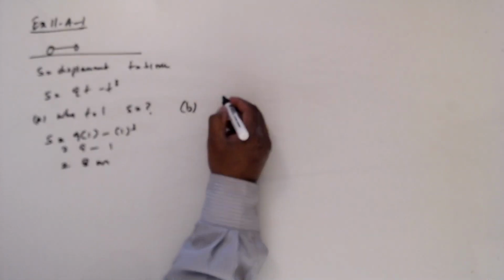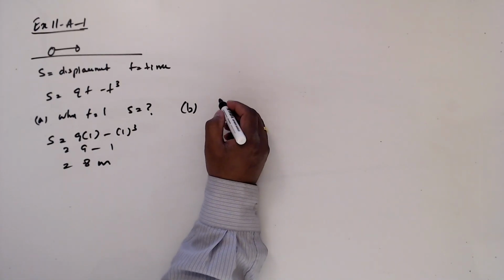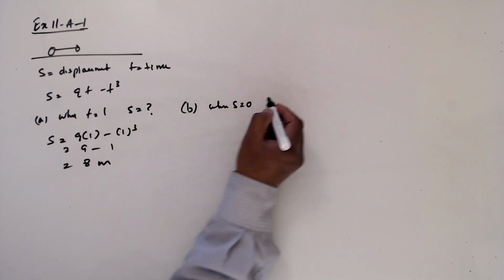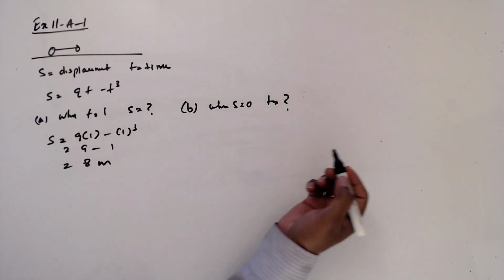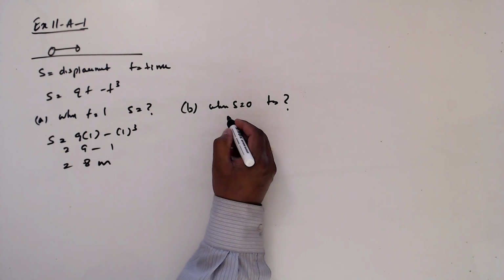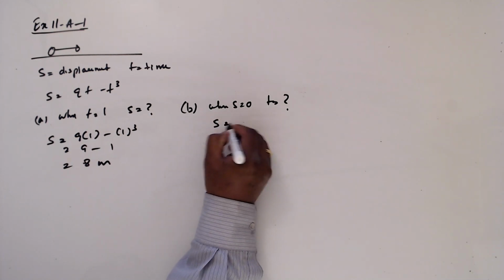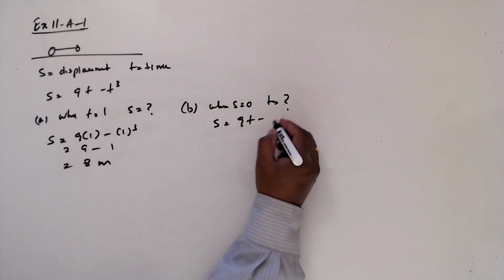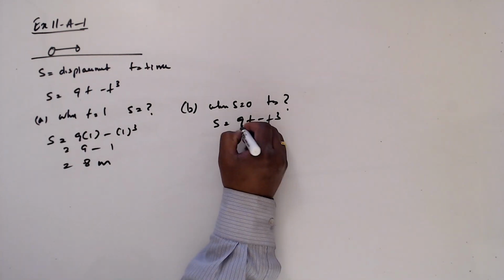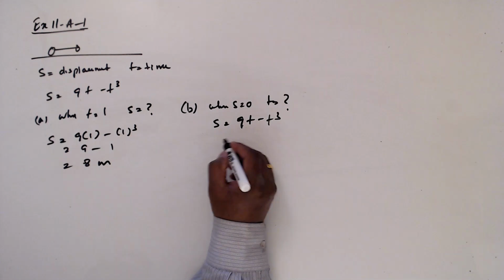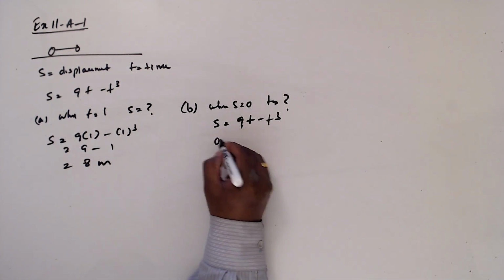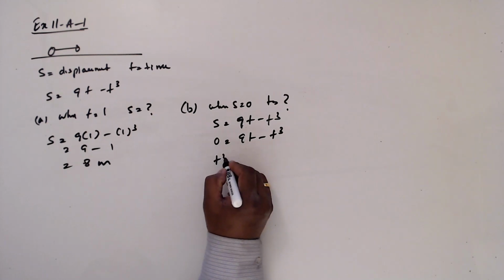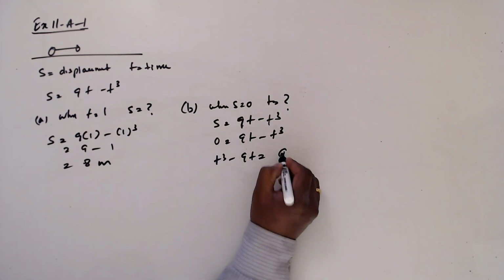Part B: when S equals 0, we need to find T. S equals 9T minus T cubed, then 0 equals 9T minus T cubed, or T cubed minus 9T equals 0.